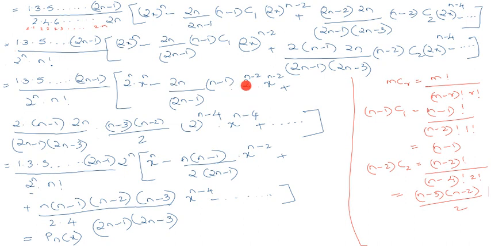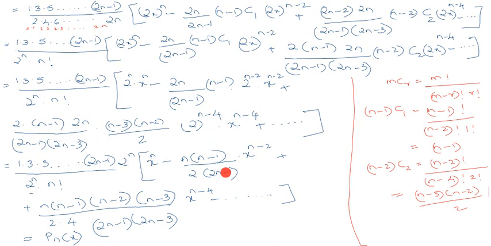If we need to take 2 raised to n outside, we need to multiply and divide by 2. Then the numerator will become 2 raised to n, and in the denominator a 2 will be appearing. So that is written here. So what will be remaining here is n into n minus 1 into x raised to n minus 2 divided by 2 into 2 raised to n minus 1.